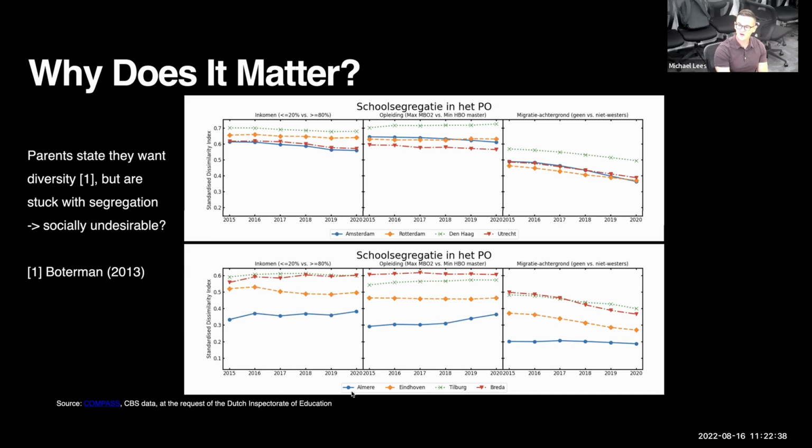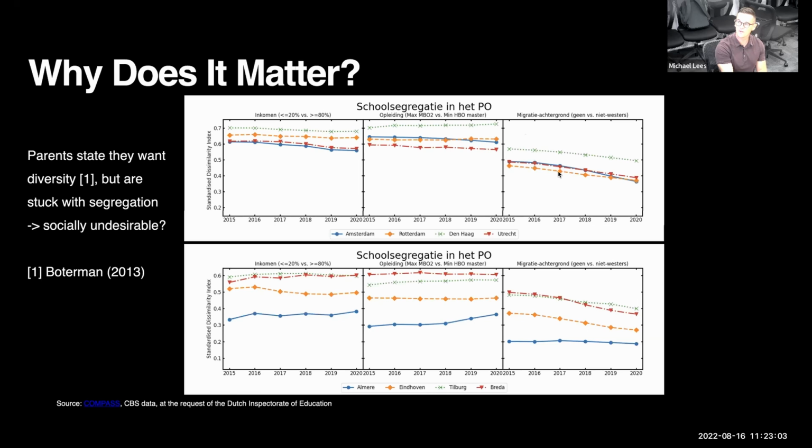What you're seeing is over time and for the big cities in the Netherlands. Here on the left, you see something called the Standard Dissimilarity Index, which is one of the thousands of measures of segregation, which is another whole problem which I won't talk about. Just assume this is a measure of segregation. What you see over time is that for some of the cities, it's kind of stable.